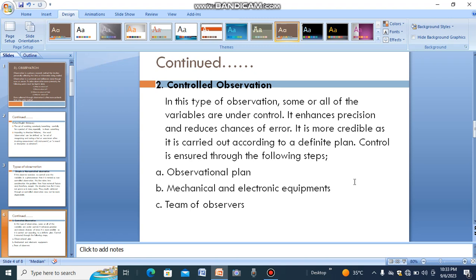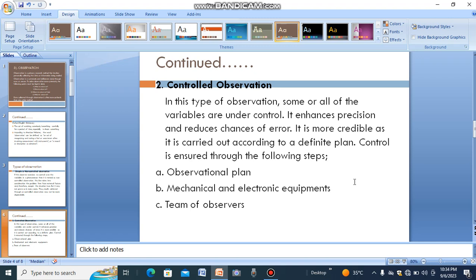Then the controlled observation. In this form of research, the observer or the researcher has control over some of the variables or over all of the variables. Due to control over some or all of the variables, the researcher is in a better position to have accuracy, precision, and this form of research reduces the chances of error.